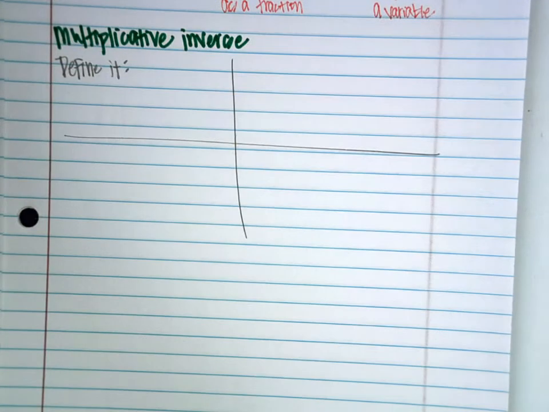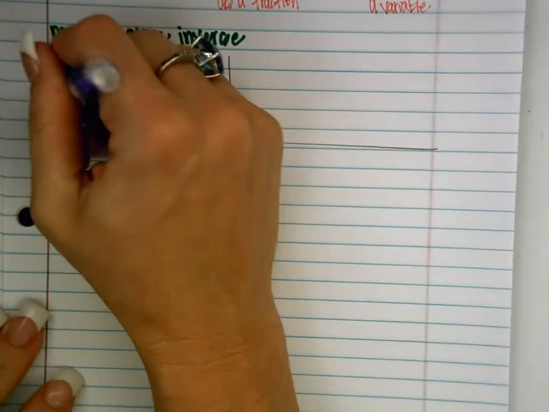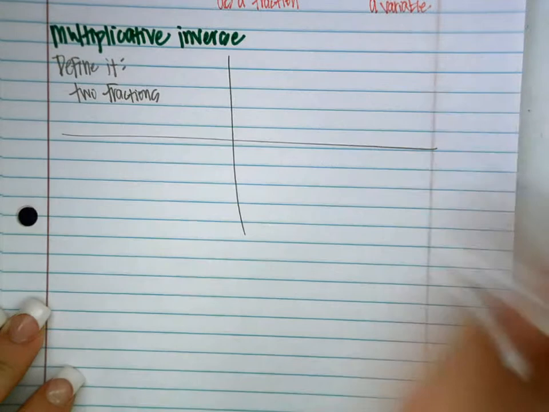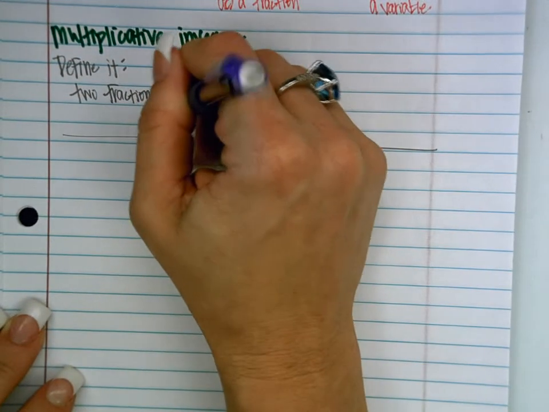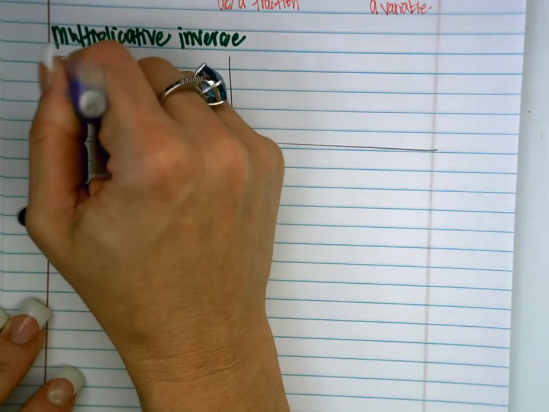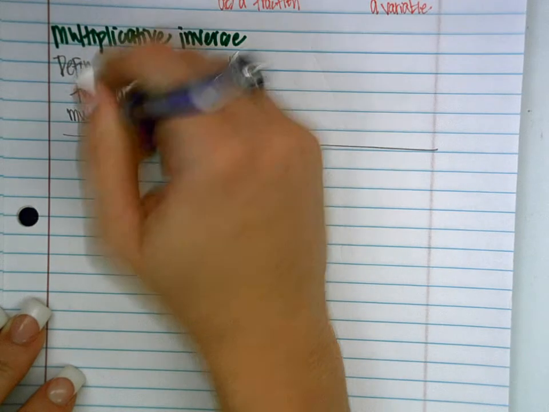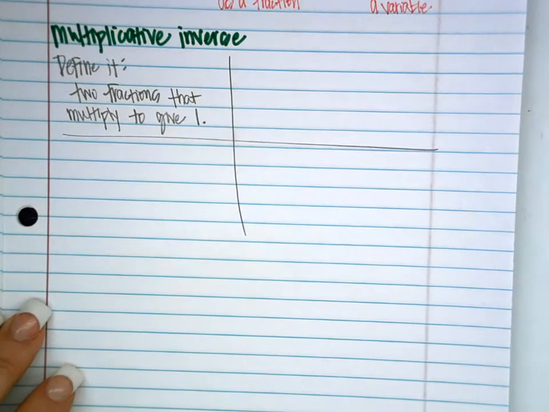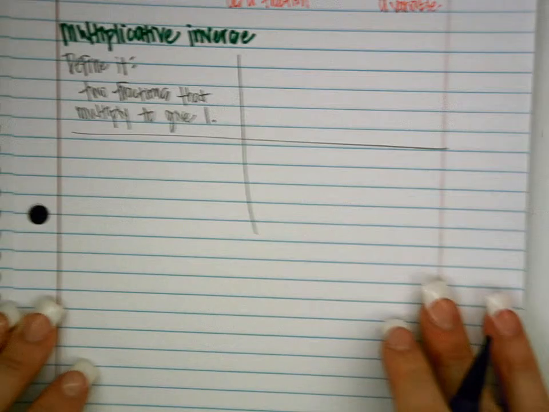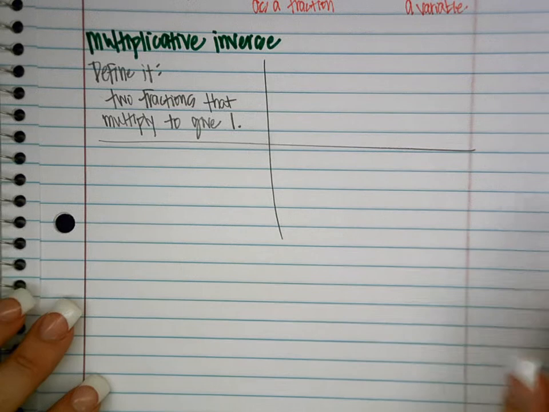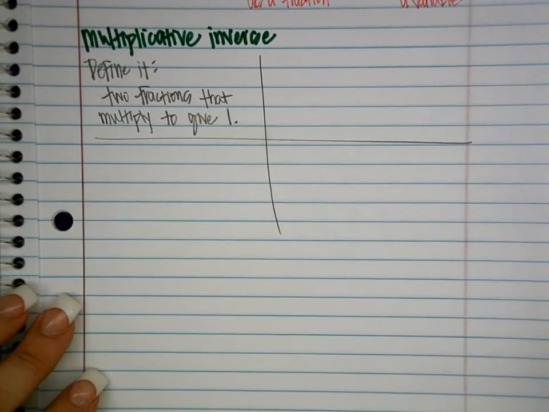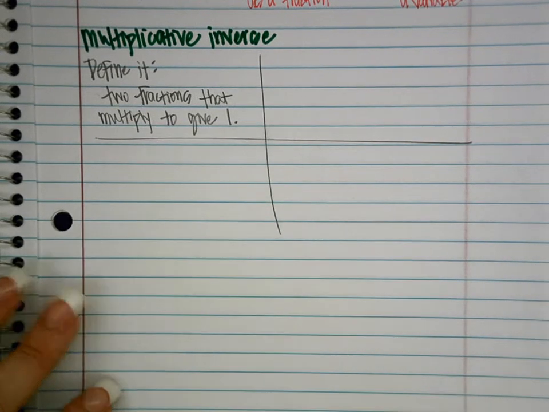The technical definition of a multiplicative inverse is two fractions that multiply to give 1. Not 1 fraction, but 1 as in the number. So let me give you some examples.